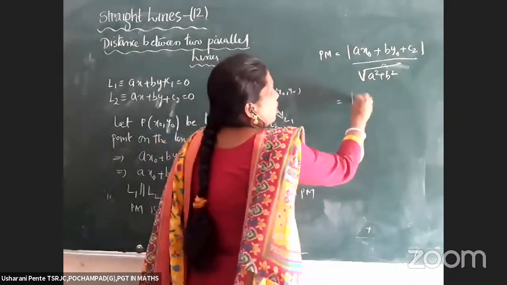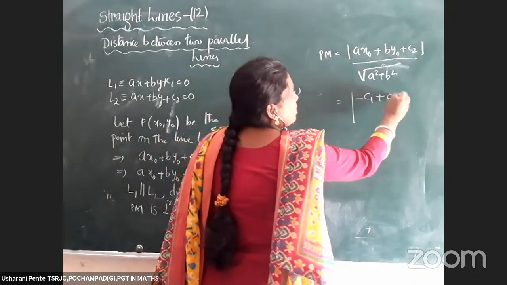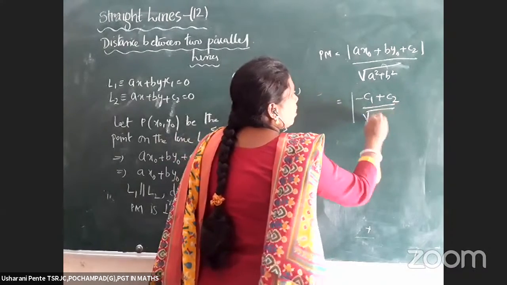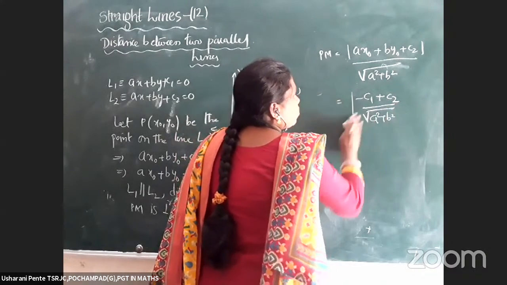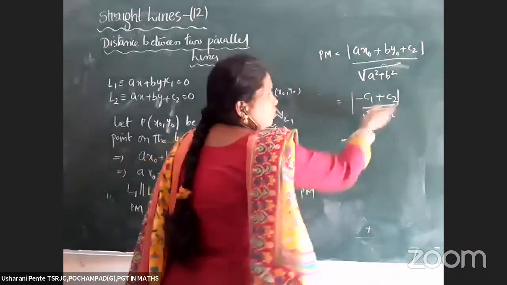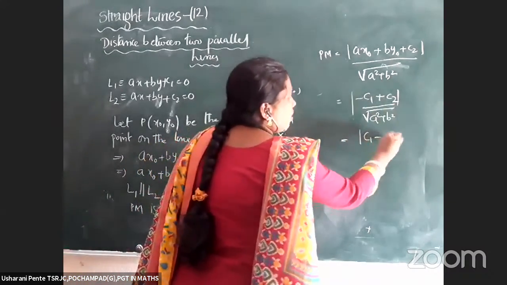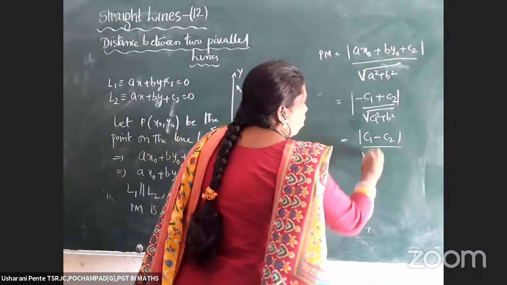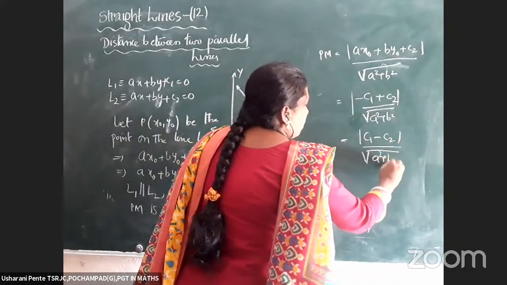Therefore, we'll get mod of minus C1 plus C2 by under root of A square plus B square. This can also be written, as we are taking the mod, as C1 minus C2 by under root of A square plus B square.